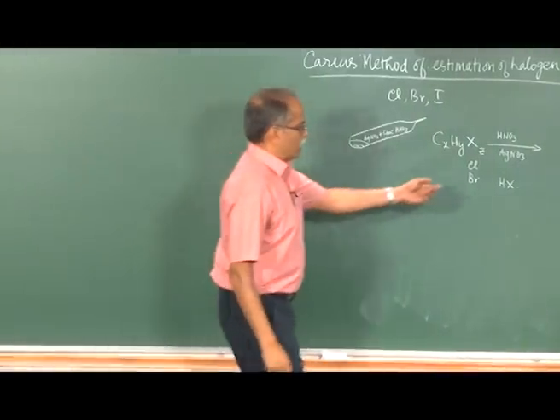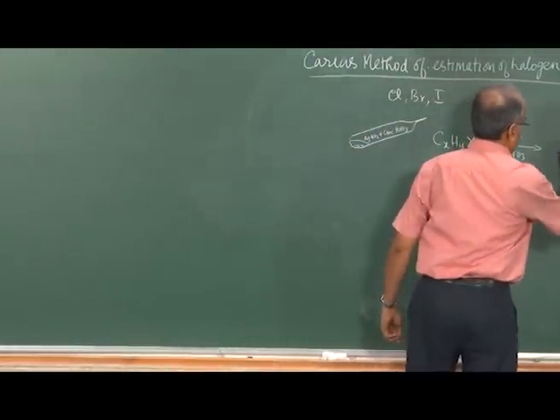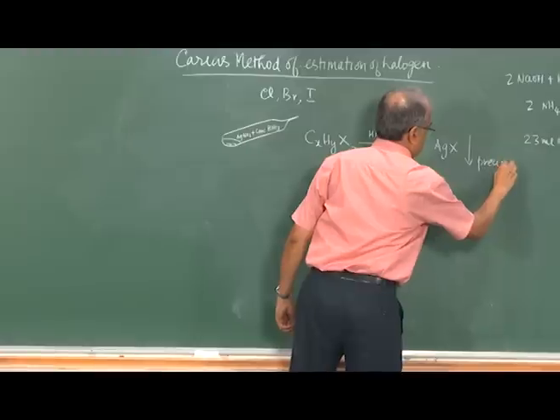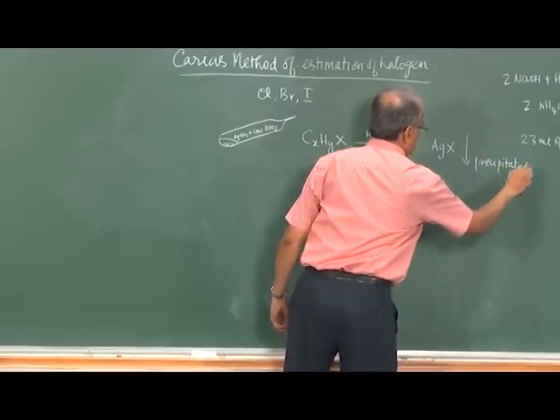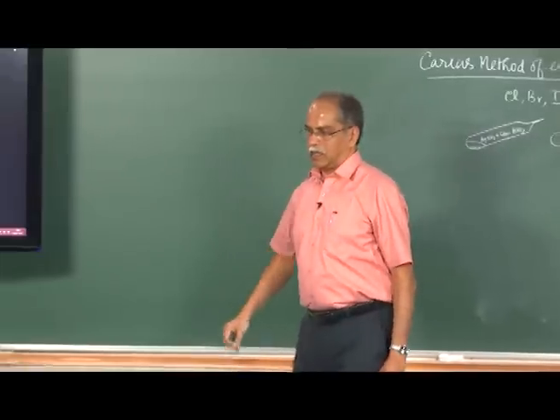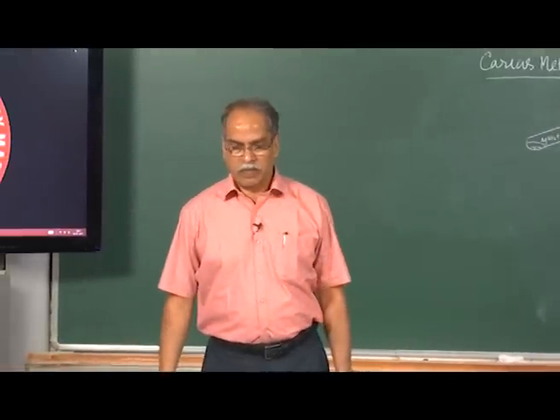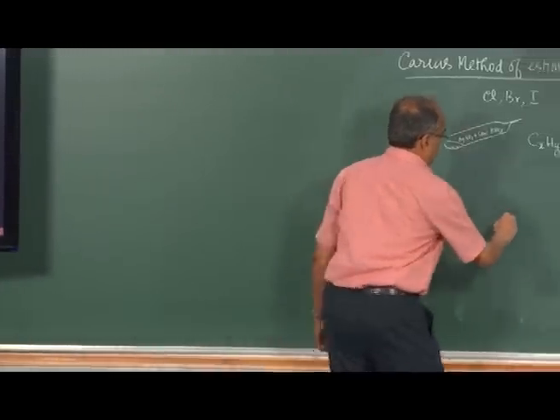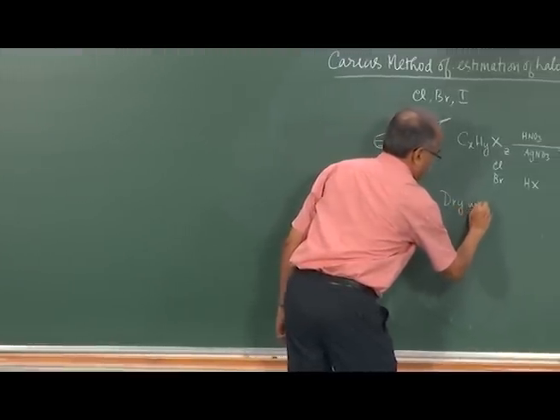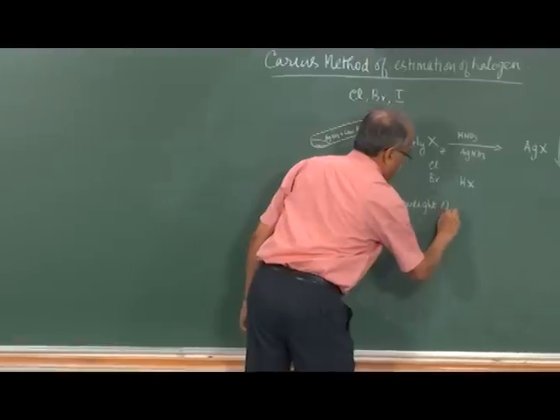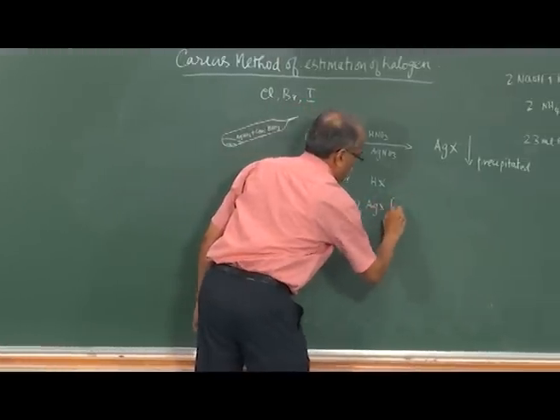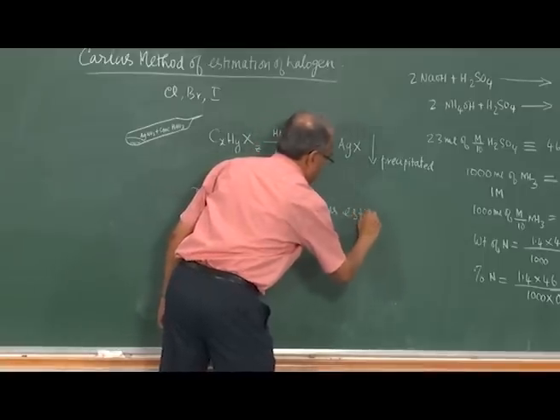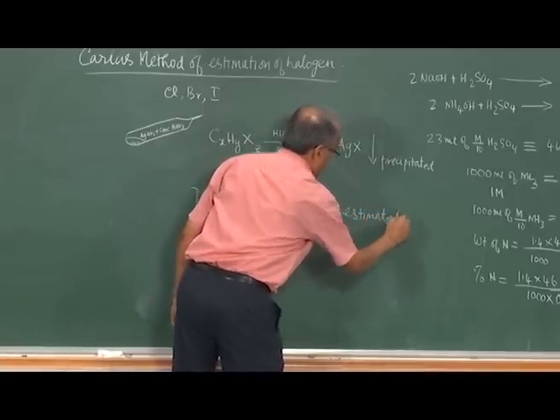The HX reacts with the silver nitrate, producing silver X, which is precipitated. So, at the end of the reaction, you will see a precipitate in the Carius tube. That precipitate is filtered, washed thoroughly, and dried. So, the dry weight of silver X formed is estimated or measured.